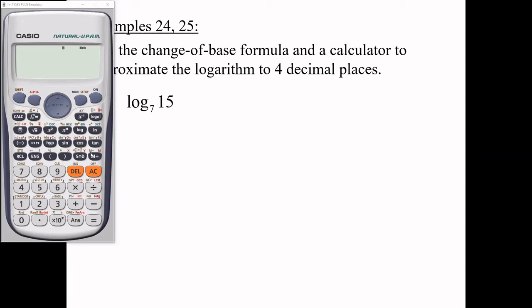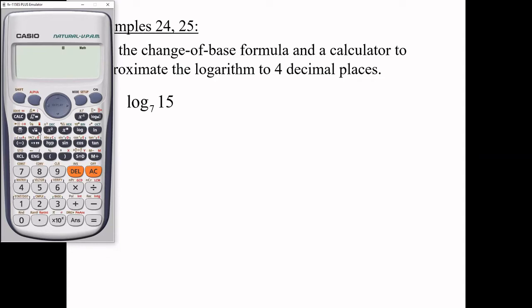The way they would have you do this is take log, whoops, I've got to back up. We have to use the fraction key. Put in log of 15, go down, then log of 7, equals. And I made an error because I didn't close my parentheses.